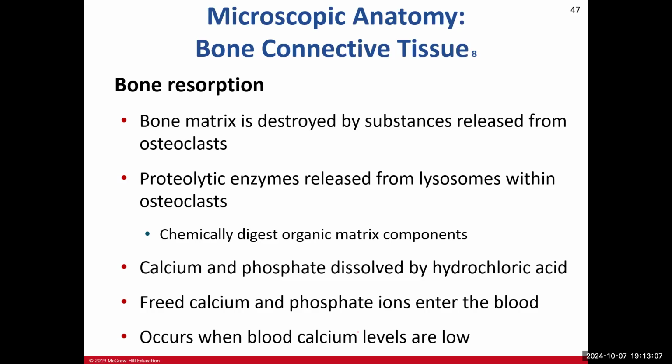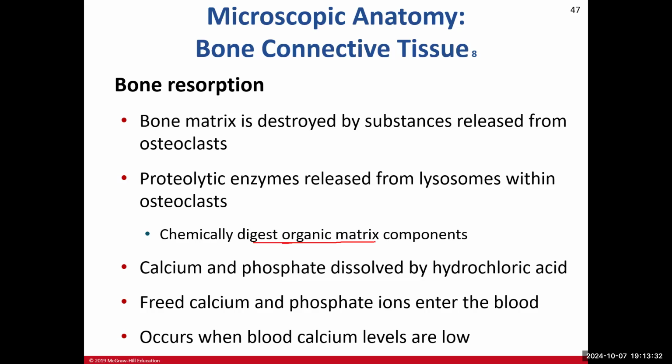So the lysosomes make these proteolytic enzymes, and then they exocytose and secrete those enzymes onto the bone matrix. Literally, those enzymes will break down the organic matrix. What is that? That's the osteoid, the collagen fibers. It starts to eat away at both of those components. What was attached to the collagen fibers? The hydroxyapatite crystals. And then those crystals can go out into the bloodstream.